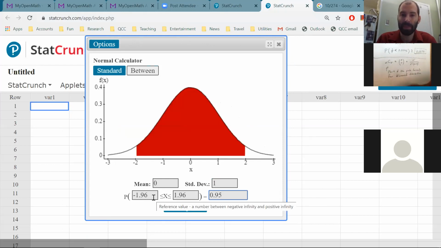Well, look, I have to go from negative 1.96 to positive 1.96. That's where the 1.96 comes from. These numbers down here are standard deviations. The standard deviation here is 1, right? So it's saying that 2 standard deviations to the left and 2 standard deviations to the right contain 95% of the total amount of data.